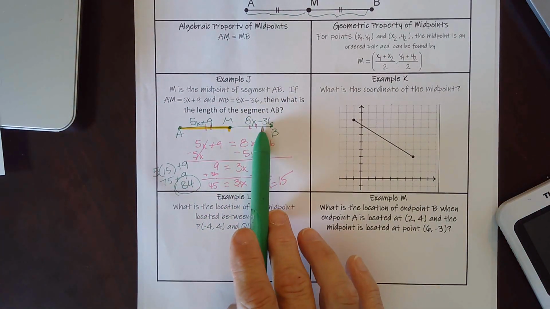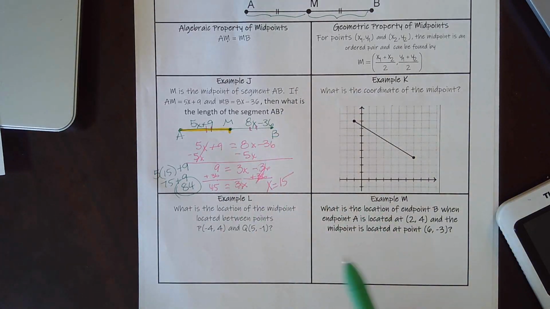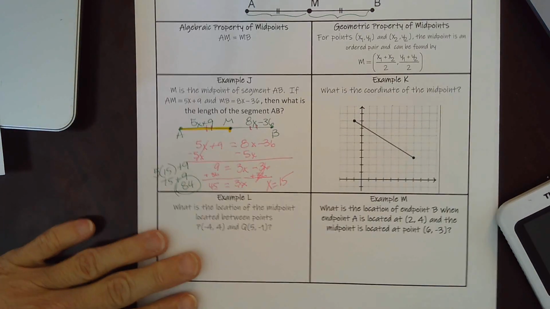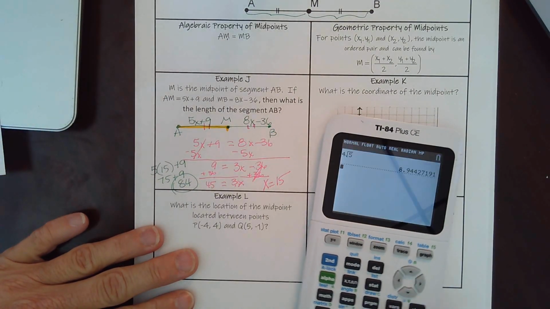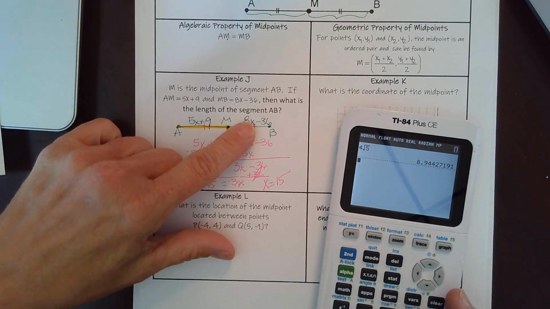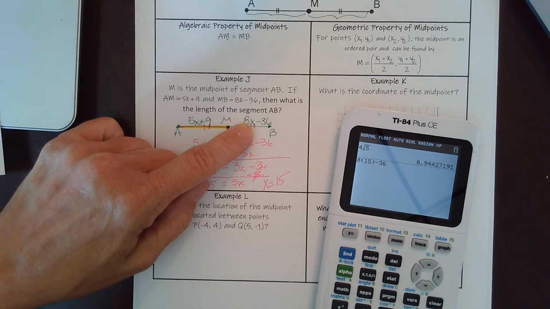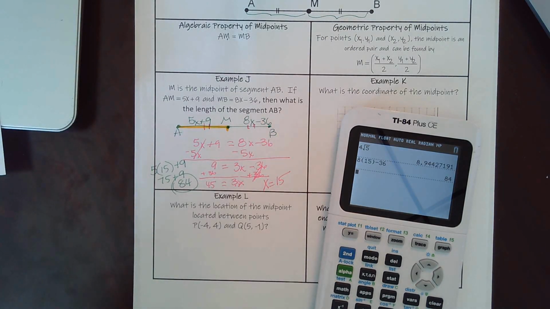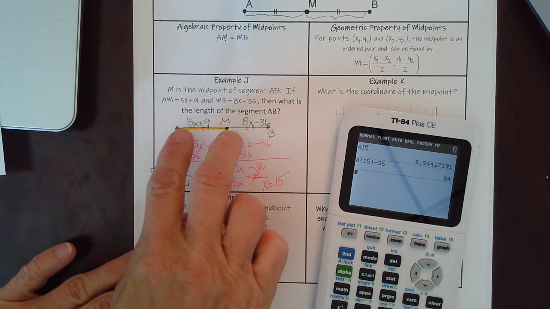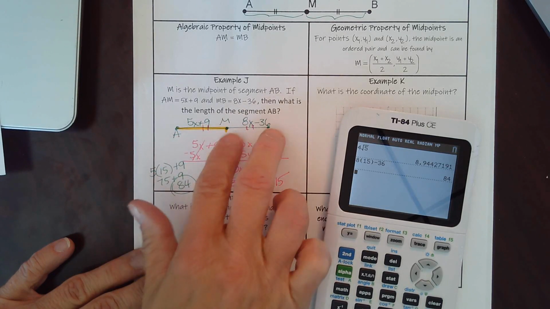Now, that should also be the same for MB. So what is 8 times 15? If I substitute 15 for x, I get 8 times 15. And then I need to subtract 36. And I get 84. So both of these segments have a length of 84.